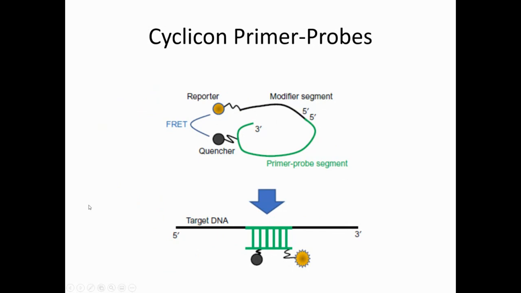And they also have a quencher, which is basically attached at the 5' position in the primer probe sequence. And so upon binding, they form this cyclic structure. So that's the cyclicone probe.